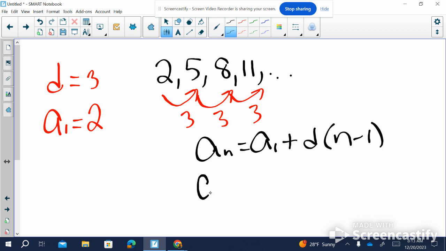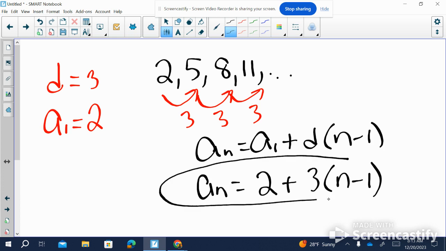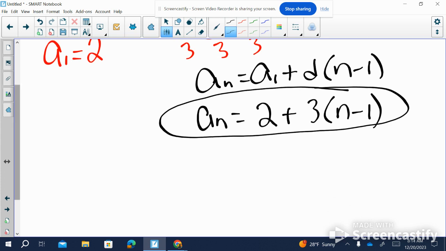So a sub n equals a sub 1, which is 2, plus 3 times n minus 1. This is one way you might see the explicit formula. But because you can use the distributive property, sometimes you might see it like this.